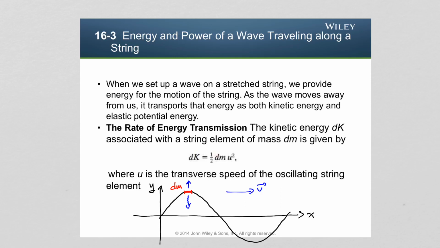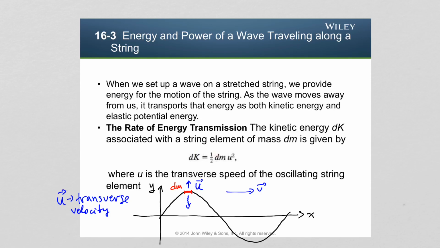And this we are going to label with u, and that is known as the transverse velocity of the mass element. So the kinetic energy transported by the wave as it moves along the rope is related to the transverse velocity of this mass element from the rope. And of course, that is the same for all mass elements in the entire rope.